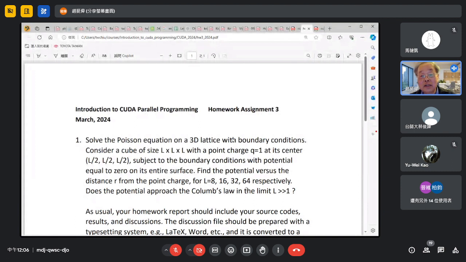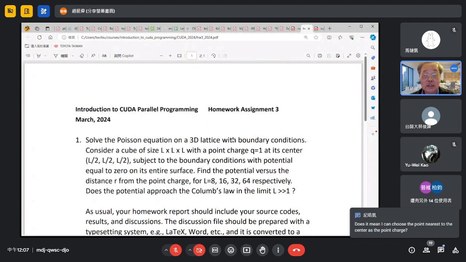It doesn't matter. Or you extend the boundary to be 0 so the point charge is at the center, with 4 sites on one side and 4 on the other. The boundary here is at 0 potential, so in some sense that is the same as identifying the left-hand side with the right-hand side.